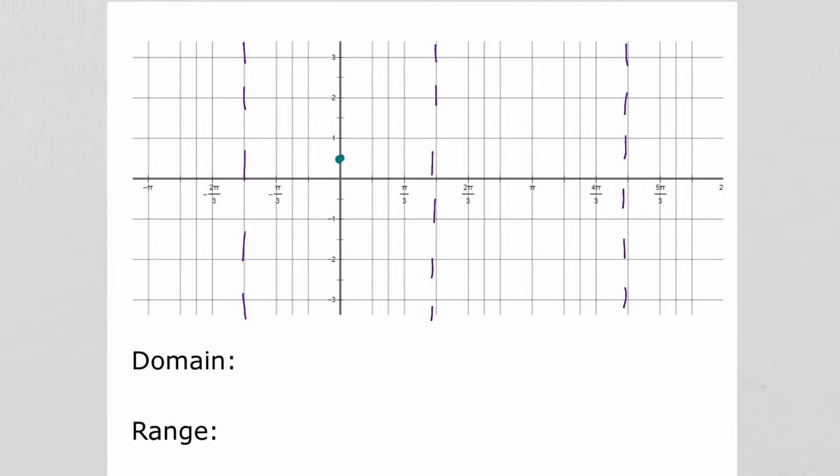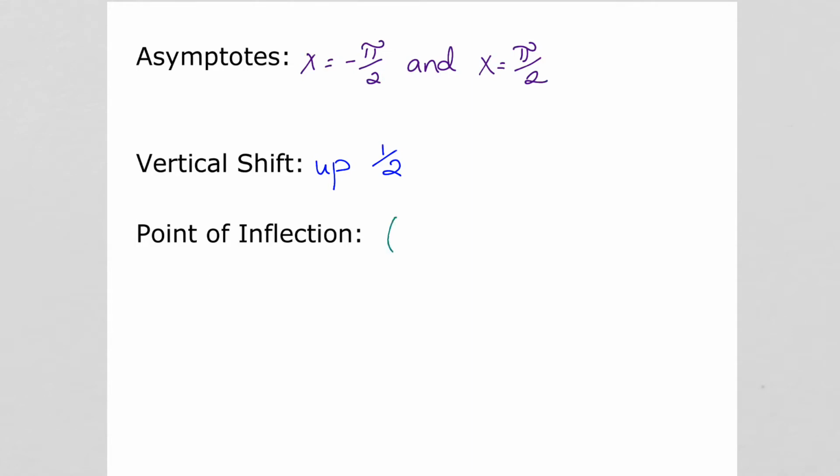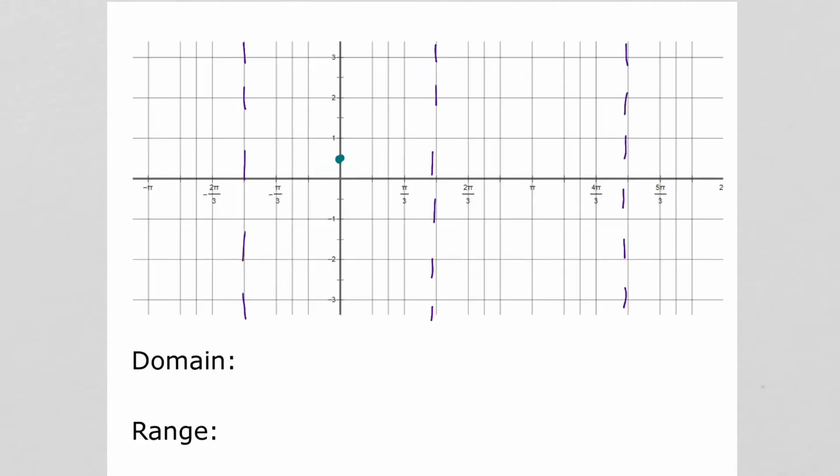Then the 1/4 and 3/4 points. So let's go put that over here. The point of inflection is at 0, 1/2. And there will be another one in our next period that we're graphing here, right in the middle between the asymptotes at pi, 1/2. Then the 1/4 point is halfway between the left-hand asymptote and the point of inflection.